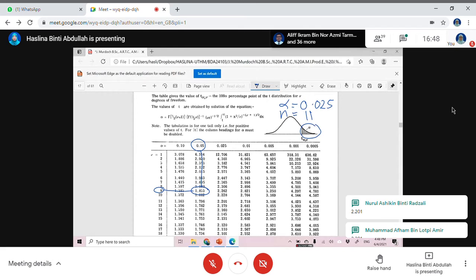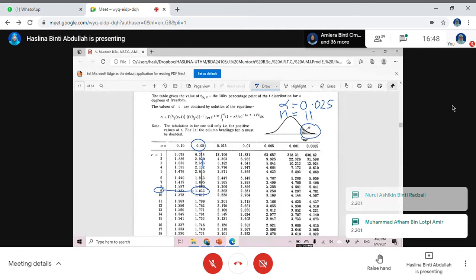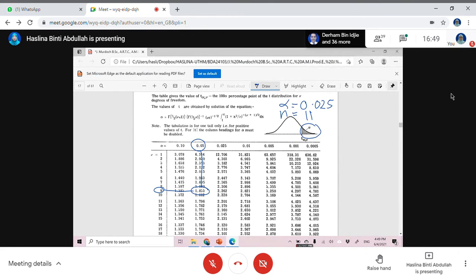Ya, saya dengar. 0.05 for alpha, 0.025 and number of sample is equal to 11. 2.201. Semua jawab tu ke? 2.228. Asyik baik. Ada seorang jawab 2.228. Siapa jawab 2.201 ni? Tengok balik soalan saya.